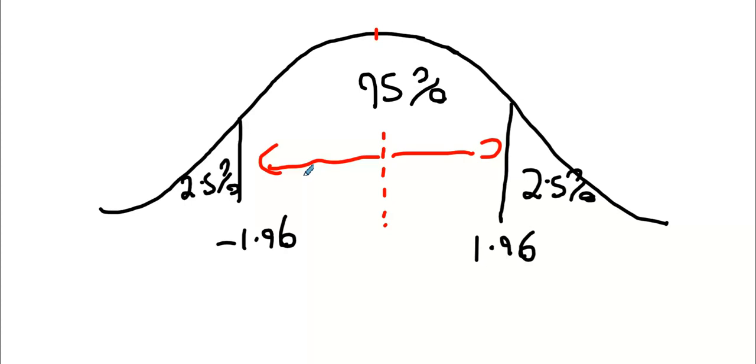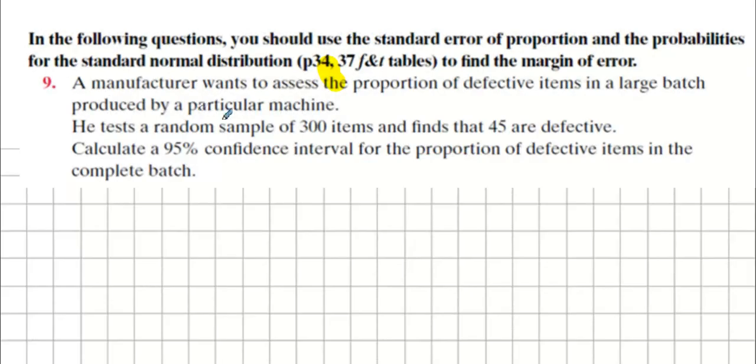Now, the first thing you're going to do is go to the bottom of page 34, and there's this thing called, actually, I'll find it here for you. Okay, called standard error of the proportion.